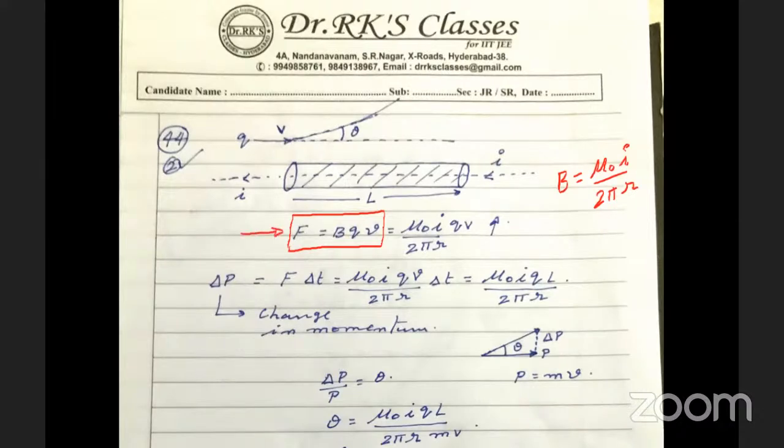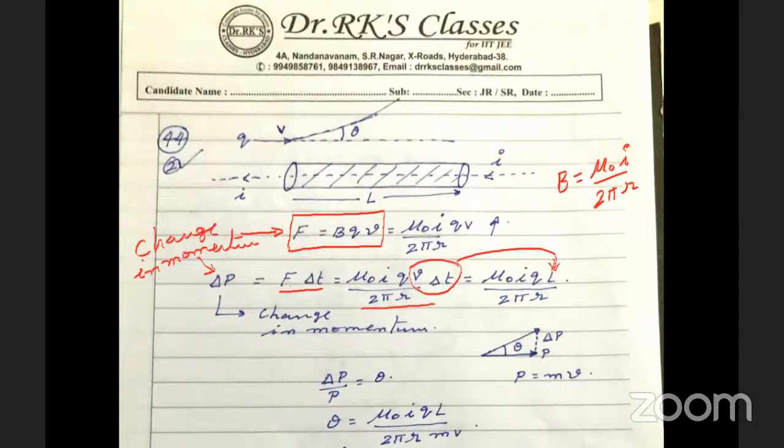We know that force into a small interval of time is the change in momentum, which is nothing but impulse. So substitute that. Velocity into time will give the length L. From that you will get the change in momentum.